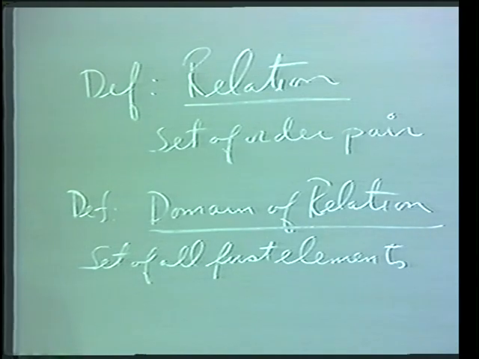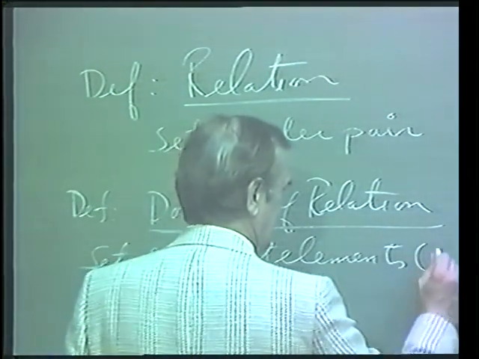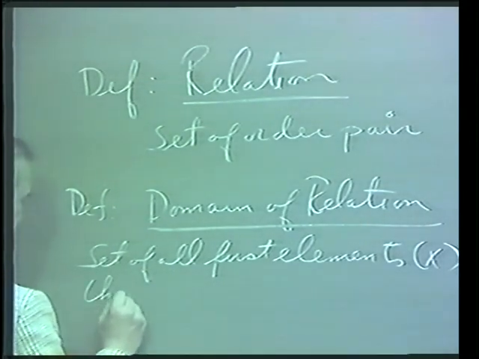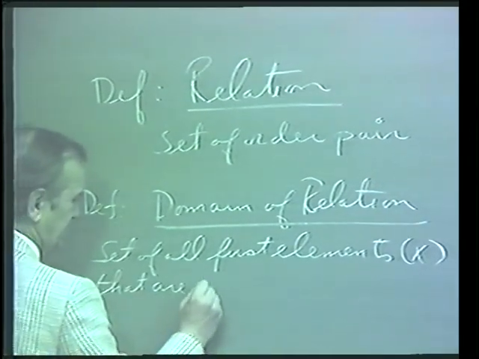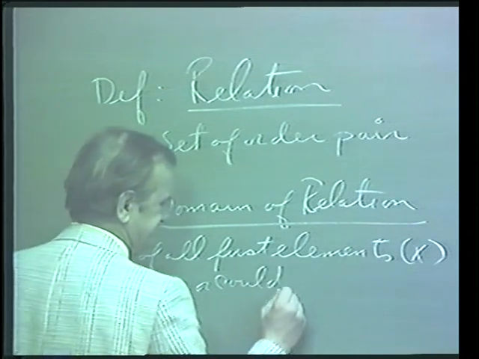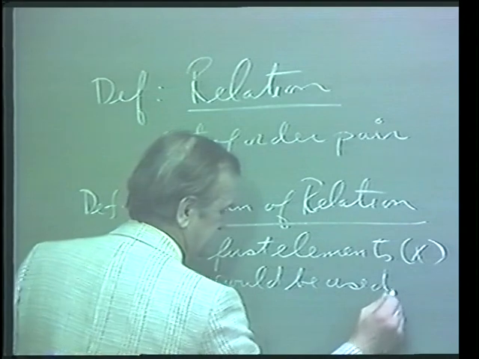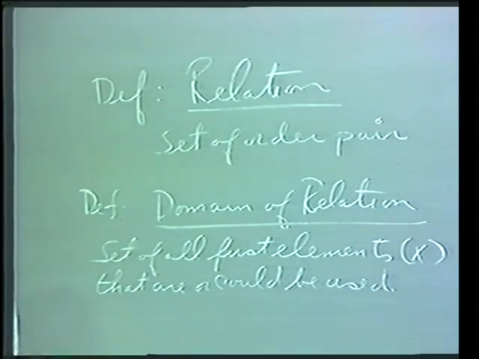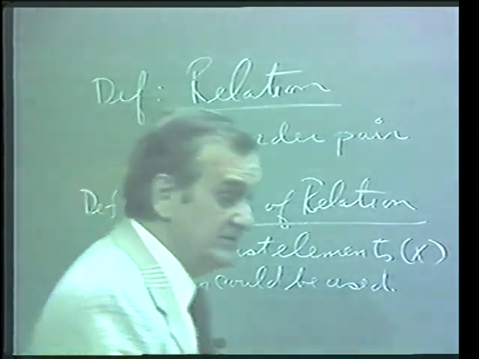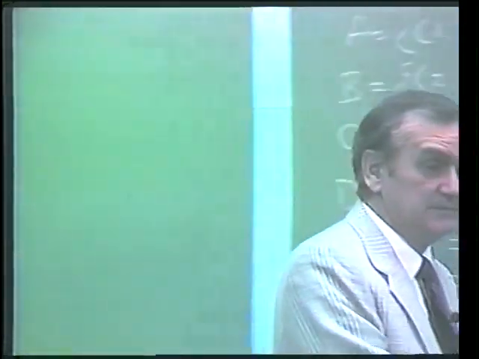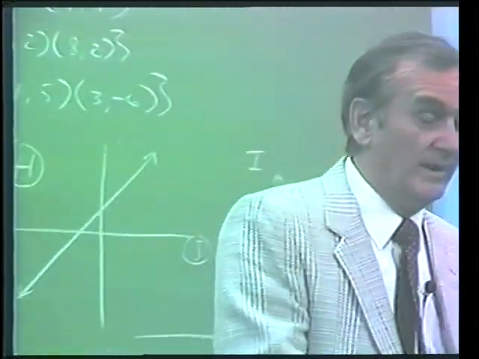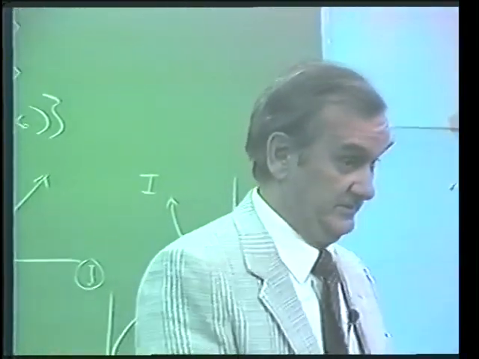The x values in this case, that are or could be used. The domain, it's a set of all x's that you could use or that you have used. That's all we mean by domain. What x's have we used? What x's can we use?